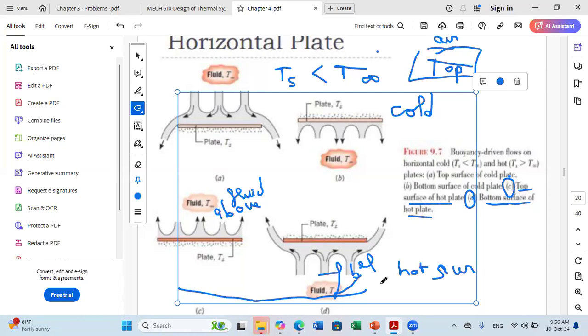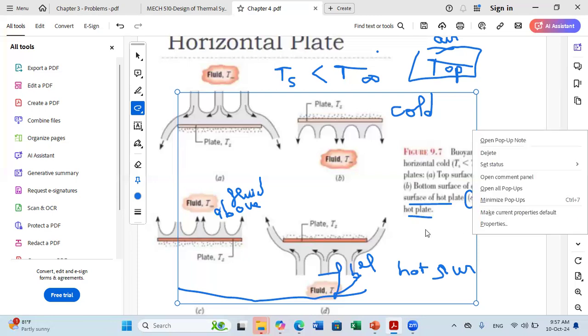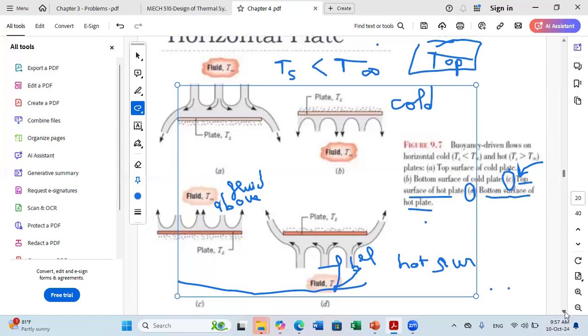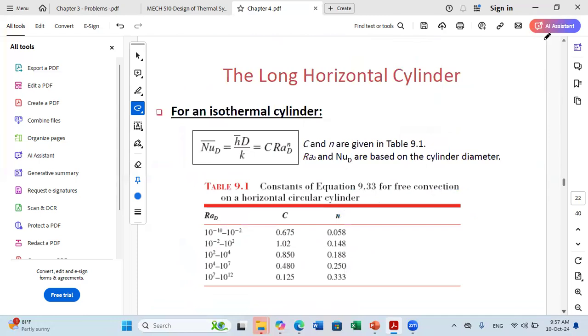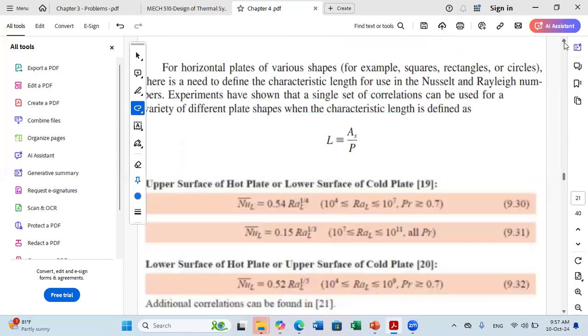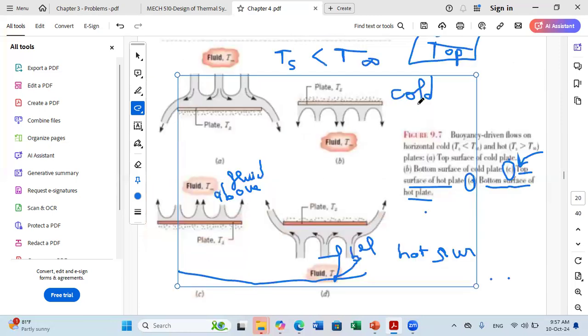Okay, so first you should detect in which case you are. You have a top surface, which corresponds to case C, top surface of hot plate, and the bottom surface corresponds to bottom surface of hot plate. And if you go to the next slide, they will give you the formulas. First, you are in the case of isothermal surface, meaning the temperature of the surface is fixed, which is your case in this problem.